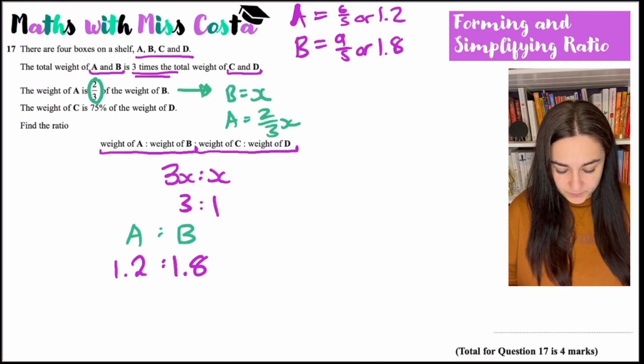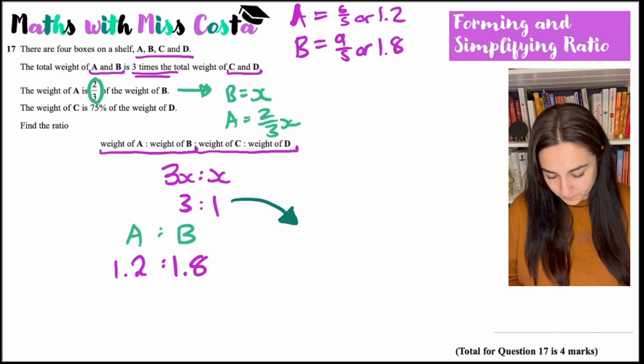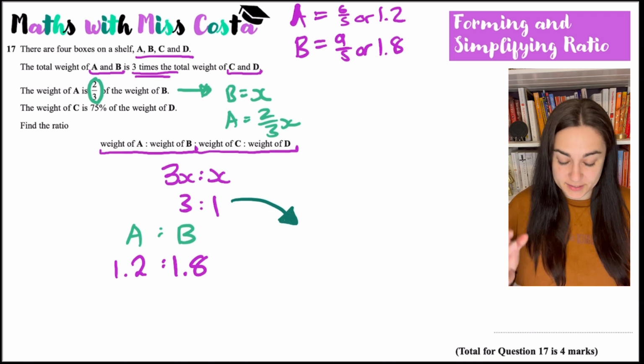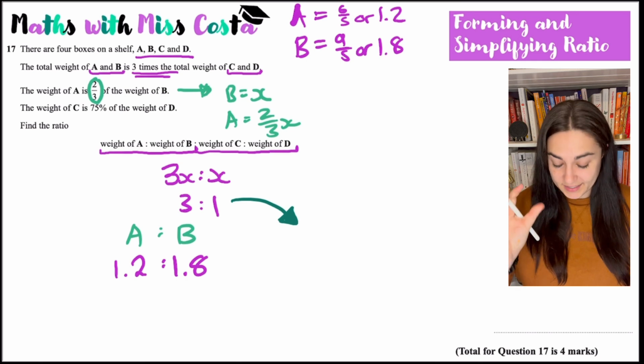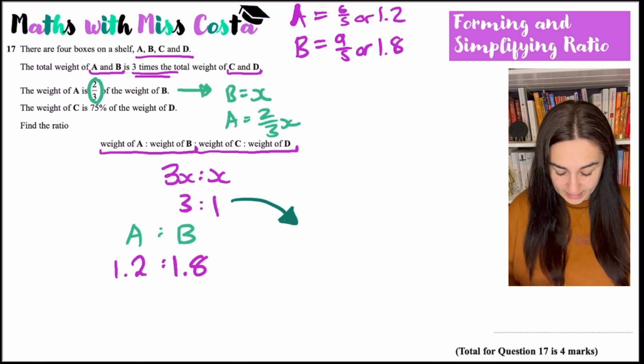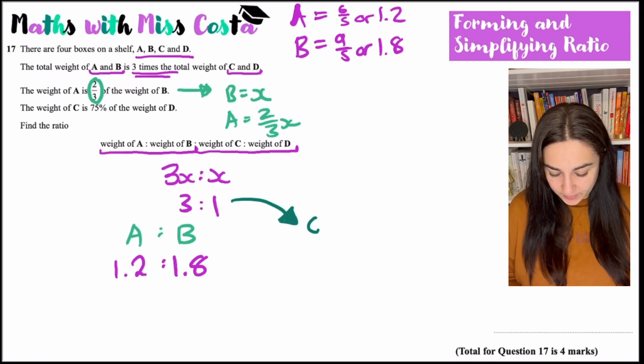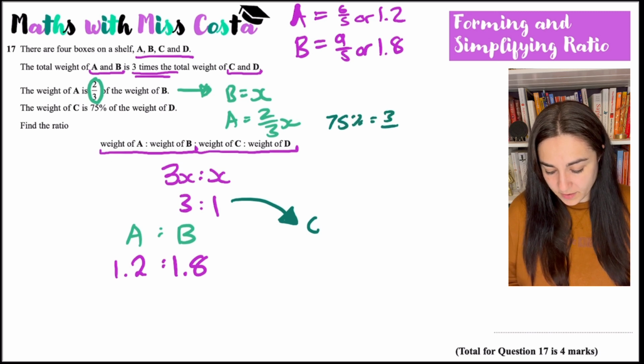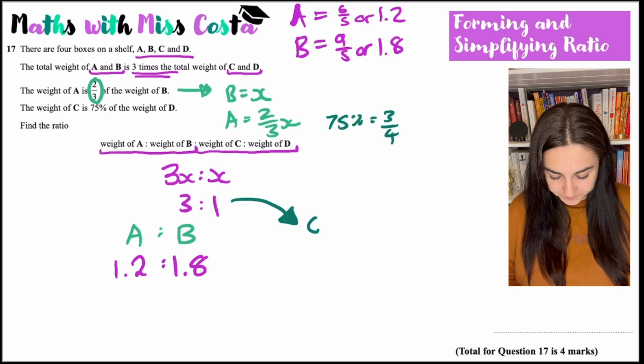Now what I want to do is do the same, but with this part here. So I know that the weight of C and D is going to be 1 part of whatever A plus B is. So I know that the weight of C is 75% the weight of D. So therefore, 75% I can write as 3/4.